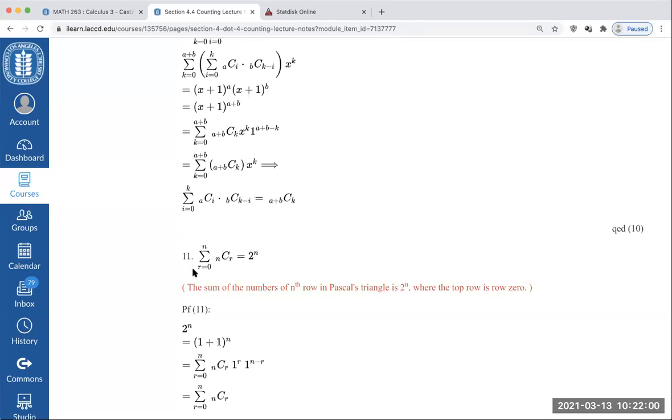Okay, so probably number 11. The sum r equaling 0 to n of nCr is equal to 2 to the n.